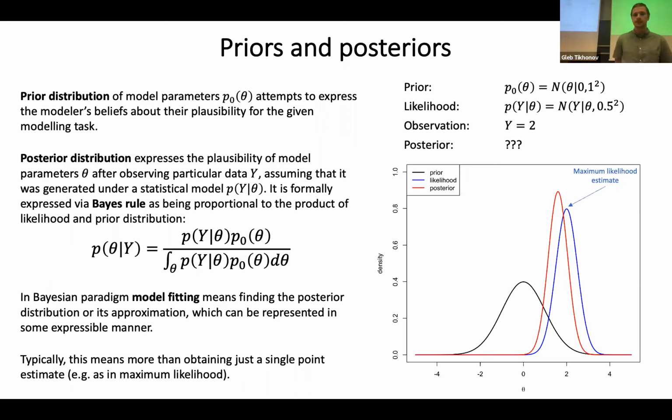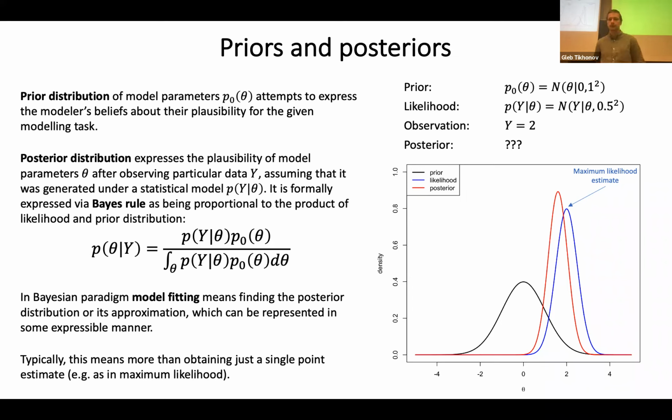So here we have the first super toy example. We have the prior, which is a standard normal prior, a univariate standard normal prior, and then we have a likelihood, which is also a normal distribution. Then we can apply this Bayes rule to get the posterior in such a model.